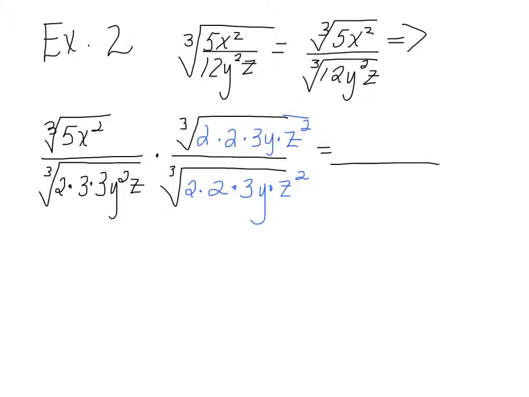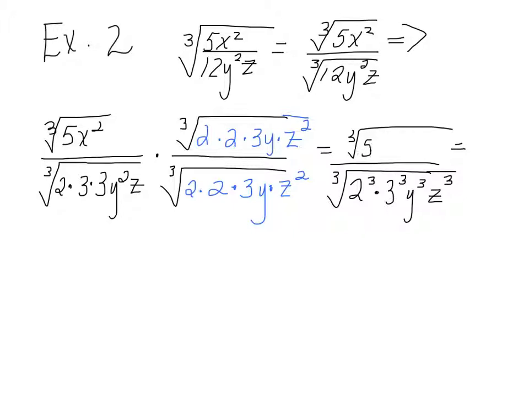Okay, so on the bottom, now I have 2 cubed, 3 cubed, y cubed, and z cubed. But on the top, I'm going to have 5 times 2 squared times 3 times x squared times y times z squared.